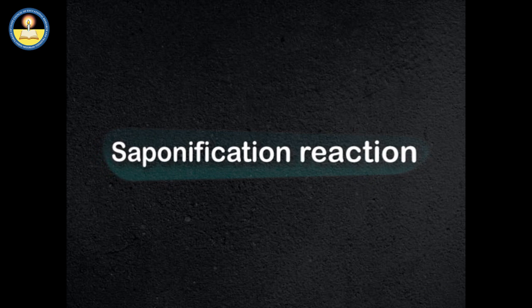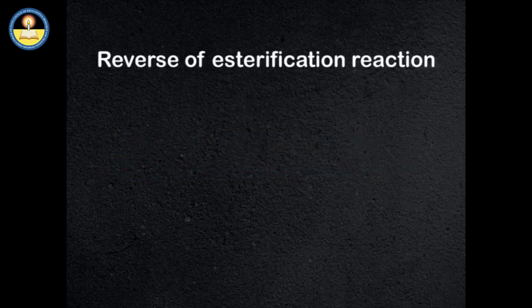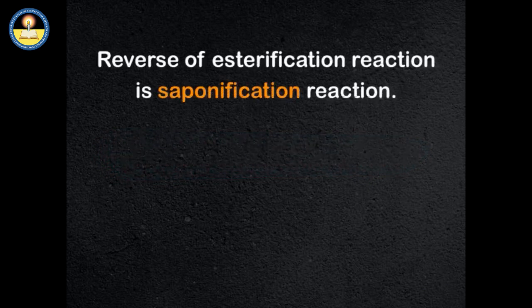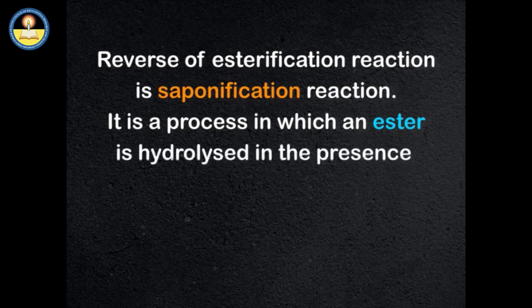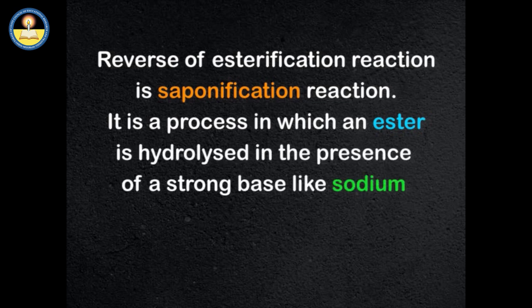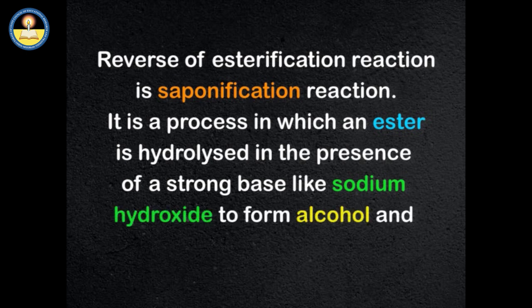Saponification reaction. The reverse of the esterification reaction is the saponification reaction. It is a process in which an ester is hydrolyzed in the presence of a strong base like sodium hydroxide to form alcohol and carboxylic acid.